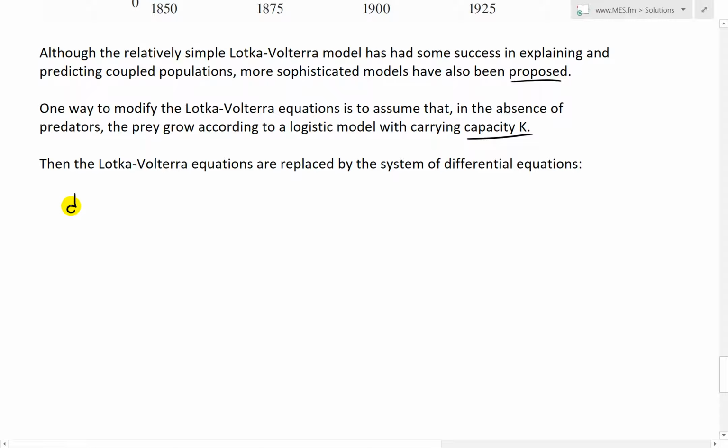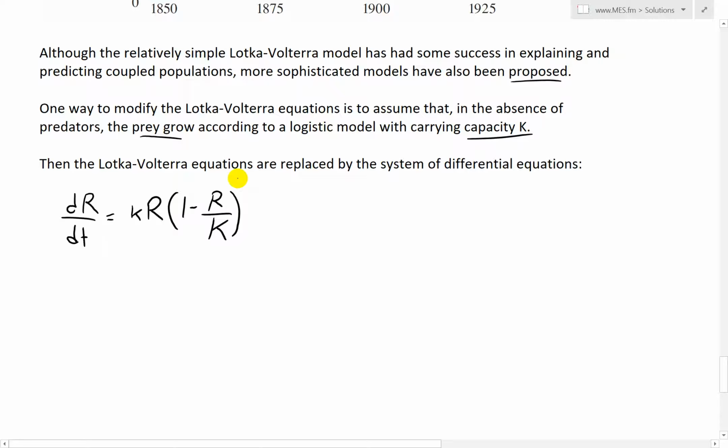Then the Lotka-Volterra equations are replaced by a system of differential equations that looks like this. For the rabbits, the prey: dR/dt equals kR times (1 minus R over K), where K is the carrying capacity.